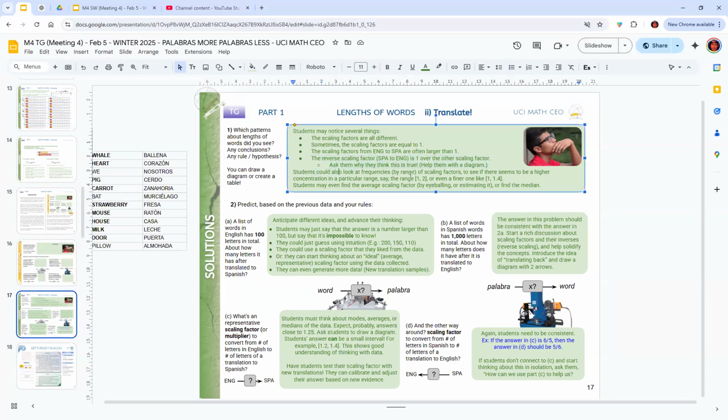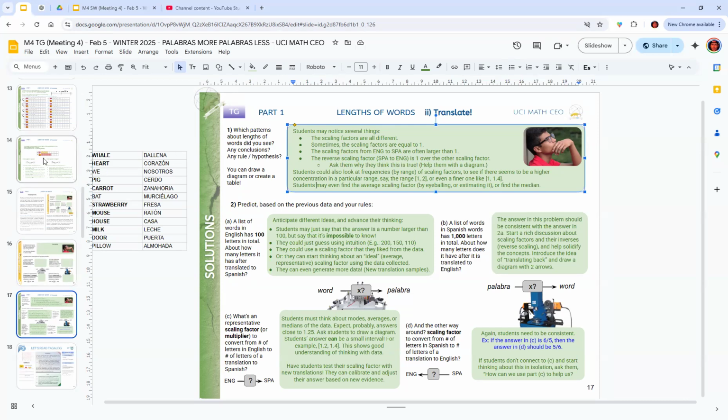And then they could look at frequencies of the scaling factors or growth and see if there seems to be a higher concentration in a range, for example, 1 to 2, or 1 to 1.4. And they could even find an average scaling factor just by eyeballing, just intuition, like I think it's this estimation, or really find it, or they could also find the median.